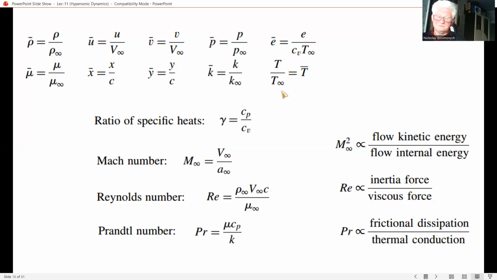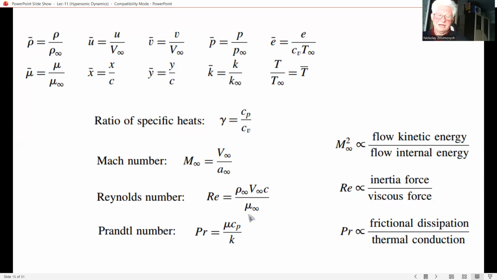All these parameters are reference values, for example, free stream values, and c is a reference length, say the chord of an airfoil. In terms of these dimensionless variables, for two-dimensional flow, we can find gamma, the ratio of specific heats, gamma is Cp over Cv. Then the Mach number in the next expression, the Reynolds number, and the Prandtl number.